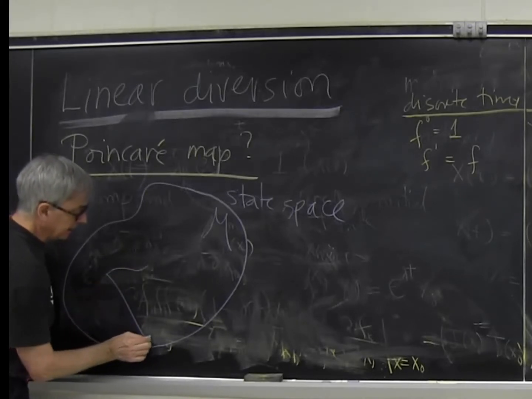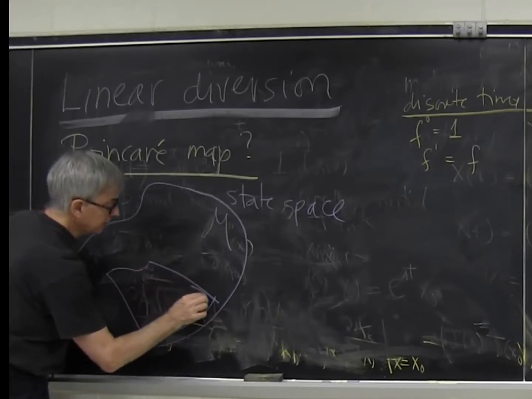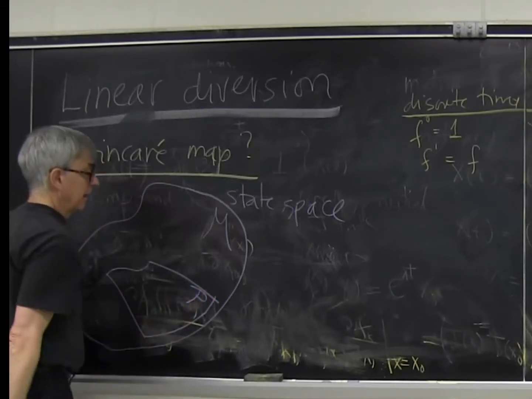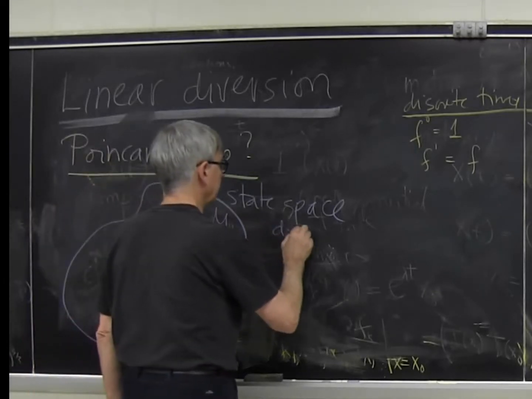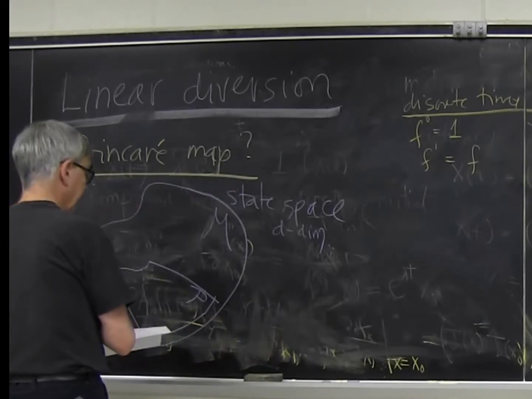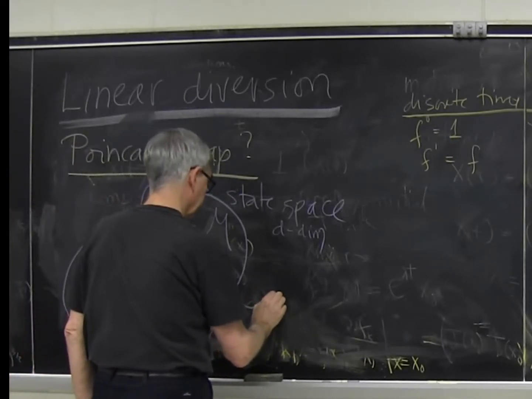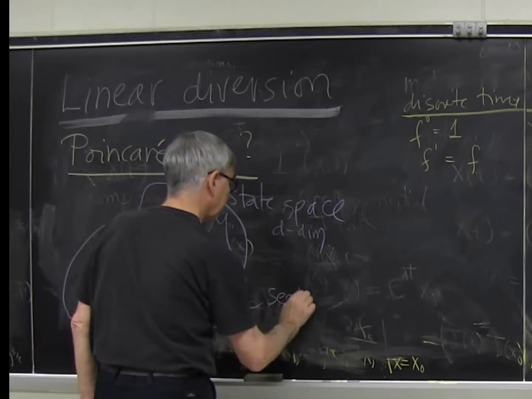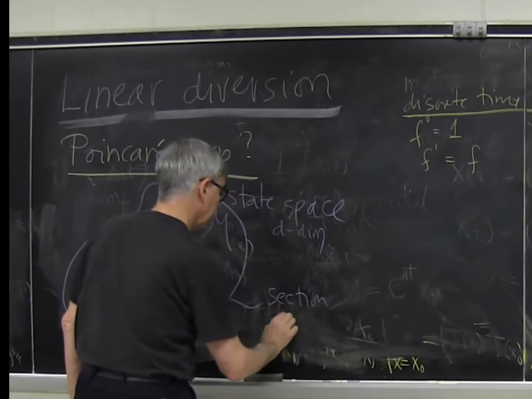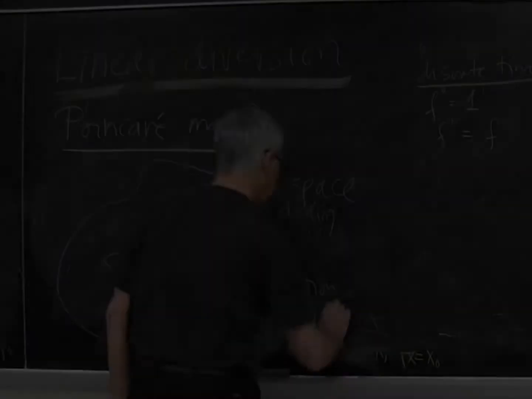And the claim was that you could design a hypersurface. This is d dimensions, you could design a hypersurface, which is a section, a Poincaré section, which is d minus 1 dimensional.